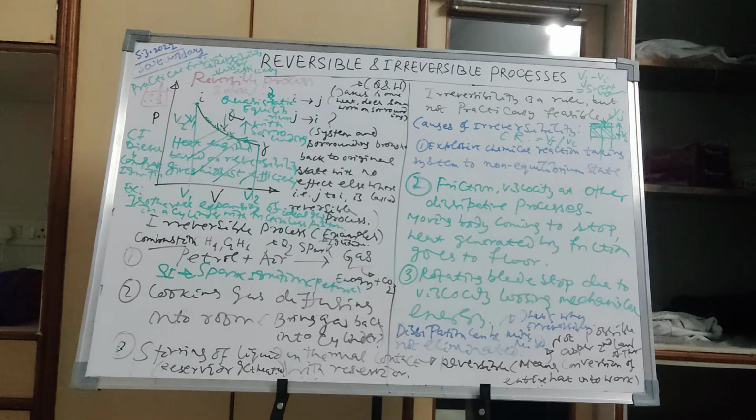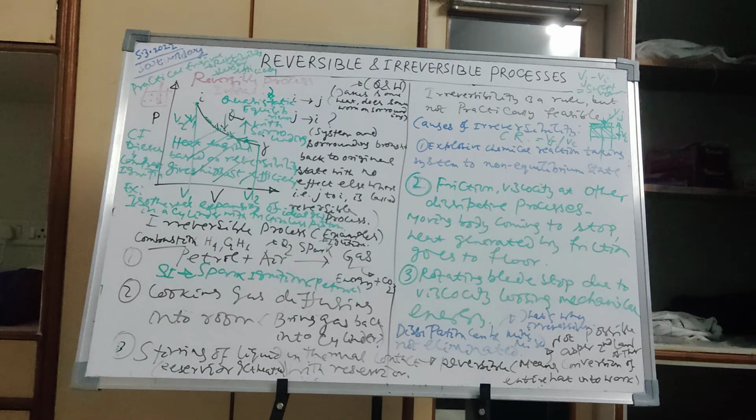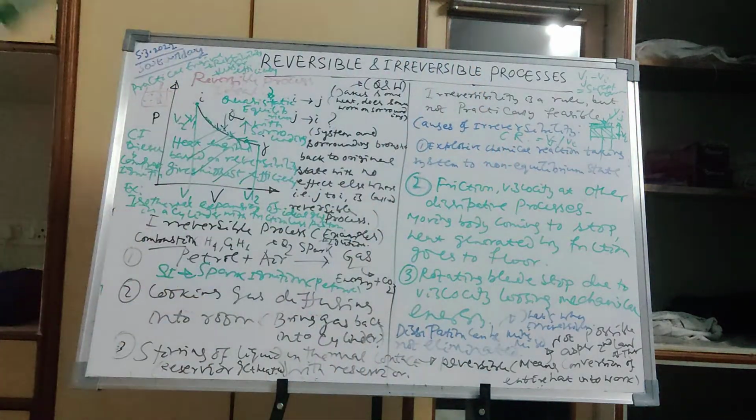When you go very, very slow, almost static, only then can you achieve a state of equilibrium. But when an explosion is happening, you cannot achieve equilibrium. So an explosive chemical reaction is a reason behind non-equilibrium, non-quasi-static behavior. That's why you cannot bring the system to its original position.